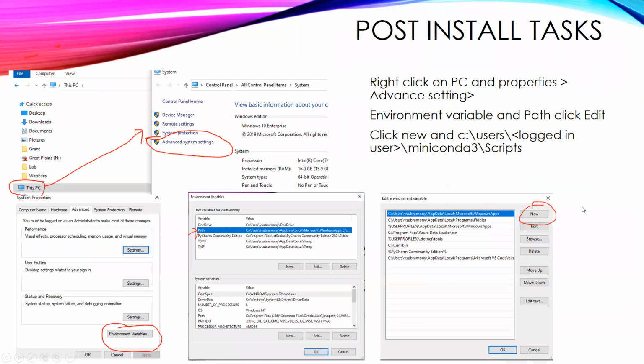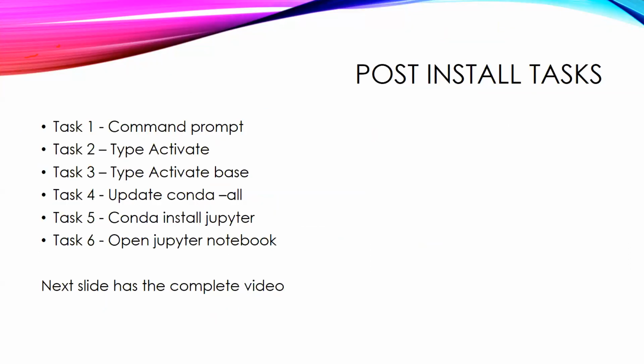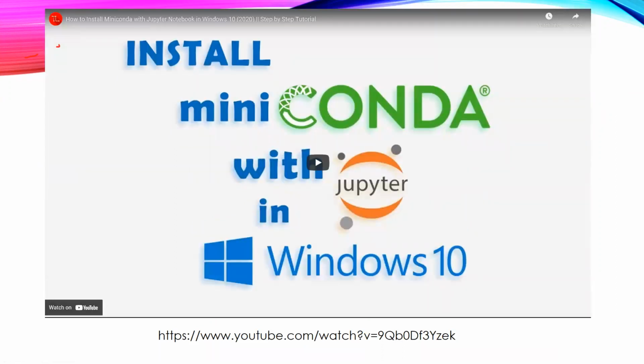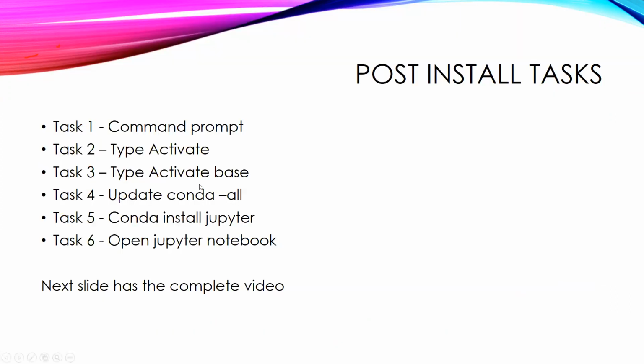That's the one task you need to do after the installation of Miniconda. After Miniconda is done, I have a video, I put it in here, and it talks about step by step how to install Conda and Jupyter. So basically all the steps are in this video, but I just want to give you an idea.